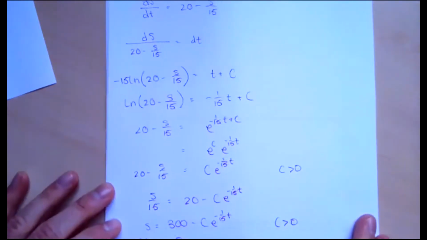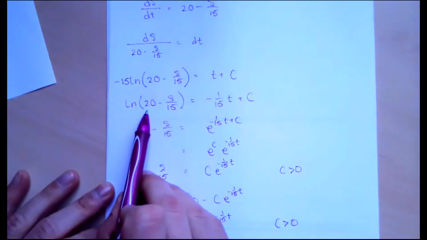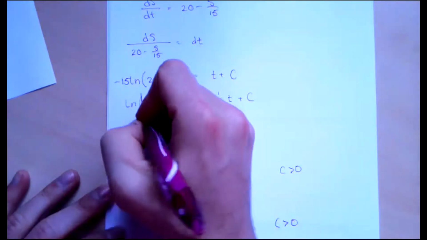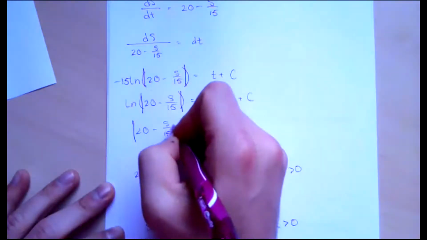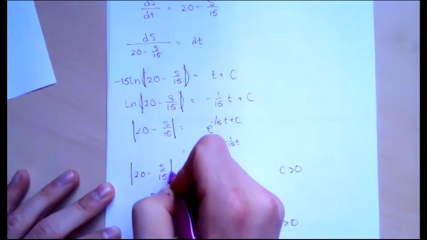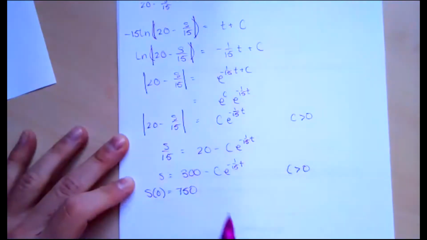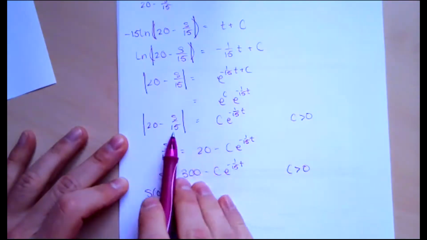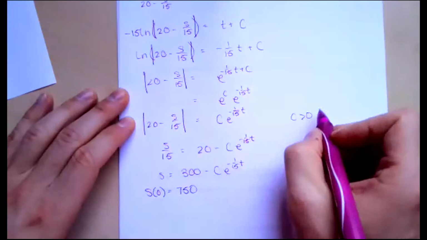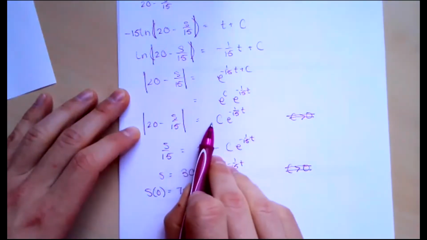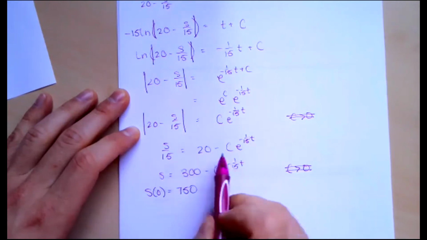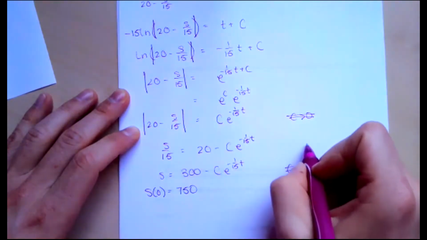So remember our common things we can miss: absolute value signs in our natural logs. If we have absolute value signs here, now when I remove the absolute value signs, that gives me a plus or minus there, which means C can be any real number.